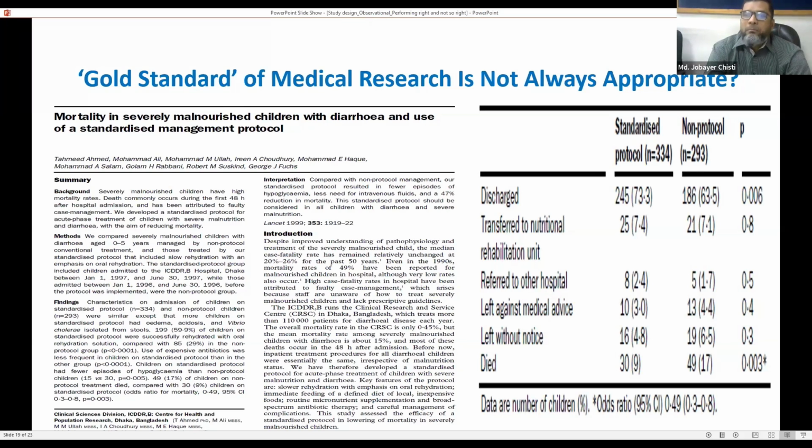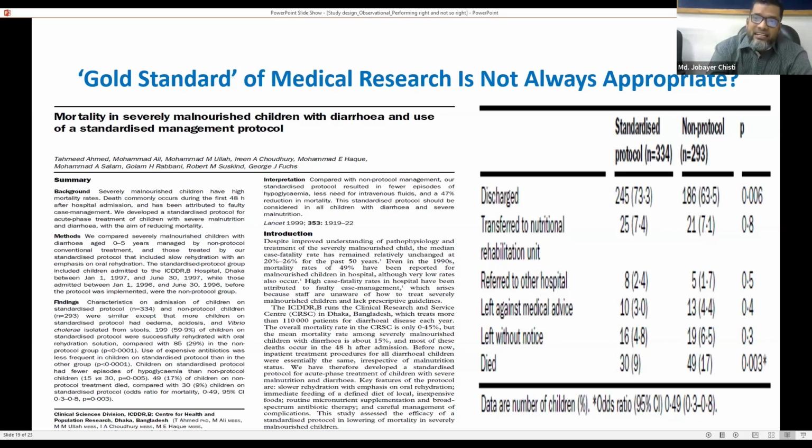That protocolized management meant F75 and restriction of fluid, that is, slow rehydration. And they compared with the historical data from 1 year back, and they found that there was a significant reduction of deaths.